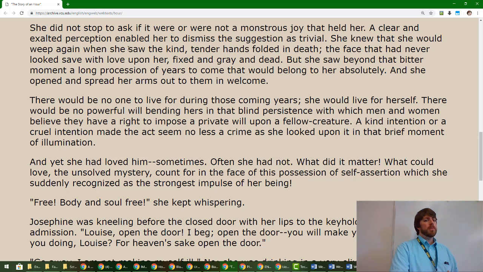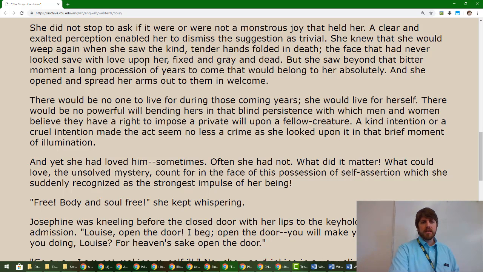She knew she would weep again when she saw the kind, tender hands folded in death. So overall, she thinks of her husband as a kind man. He's kind. He's tender. The face that had never looked save with love upon her. So it had never looked at her without eyes of love. So he literally loved her, and he had never looked at her in a bad way. So I think that gets rid of our notions of possible abuse here.